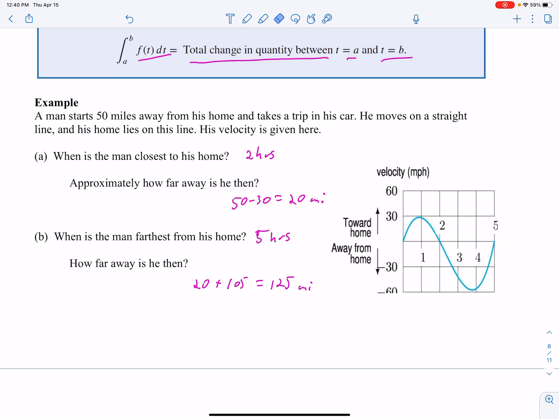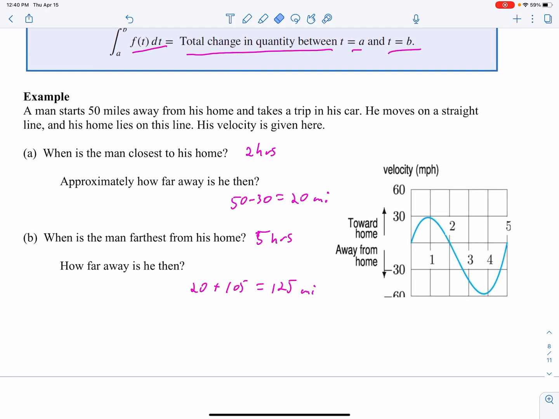All right, so when is the man closest to his home? So what we're going to notice, before we talk about what we talked about before, the area of the curve above the x-axis, so here's the x-axis, is going to be positive. Okay? All right, so when is the man closest to home? So he's moving towards home for these first 2 hours.